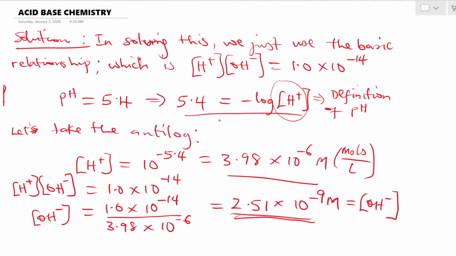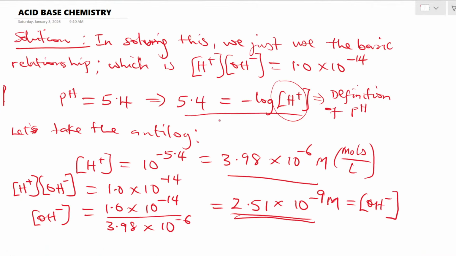In this case, you can now easily get your OH minus. Why? Because you already have the hydrogen ion concentration. When you do your simple algebra and make OH minus the subject of the formula, you simply divide 1.0 times 10 raised to power minus 14 by 3.98 times 10 raised to power minus 6, which is the concentration we got for hydrogen ion.